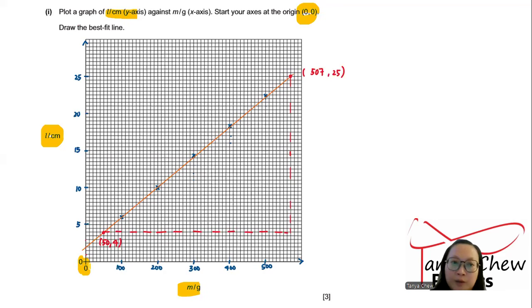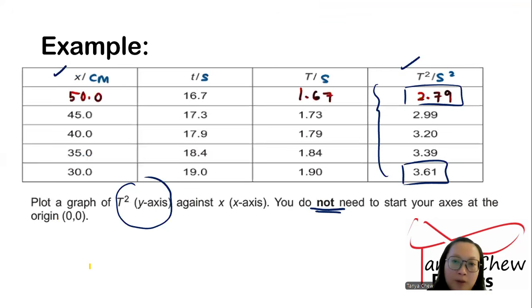If you have a problem in determining your best fit, which is a straight line that passing through most of the points, let's say this is your x-axis, you add up all the values of the x-axis and divide by the number, right? 1, 2, 3, 4, 5. 5 numbers altogether, divided by 5. Get one average coordinate for x.